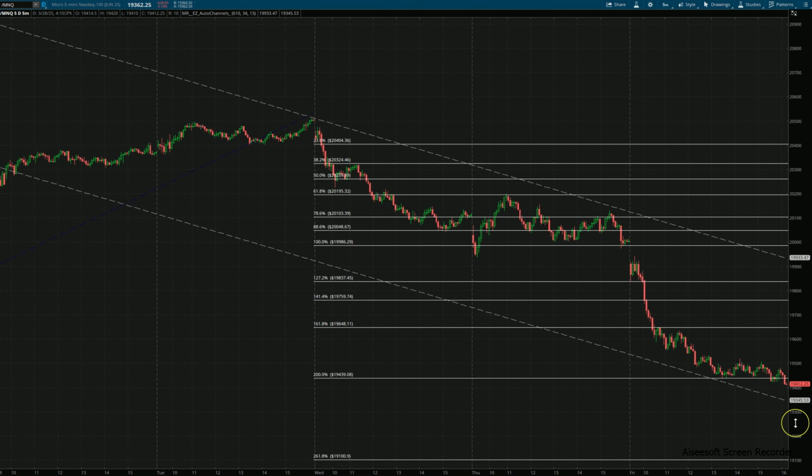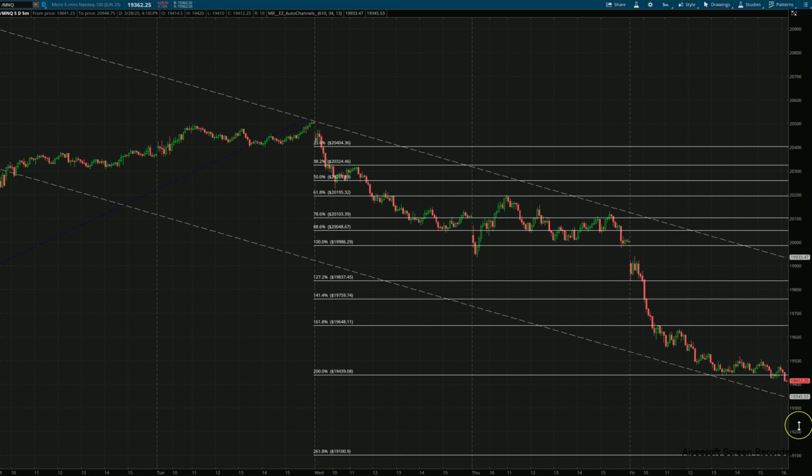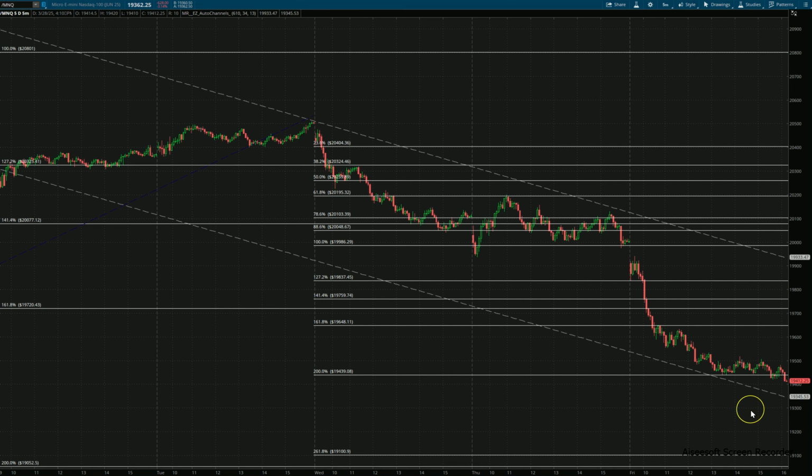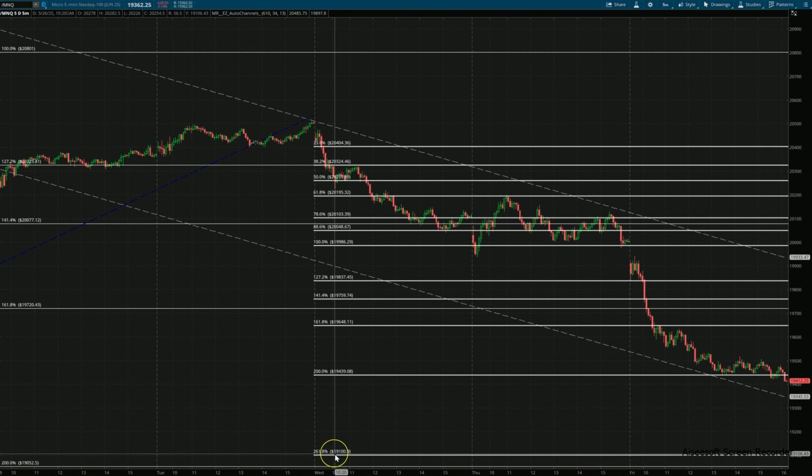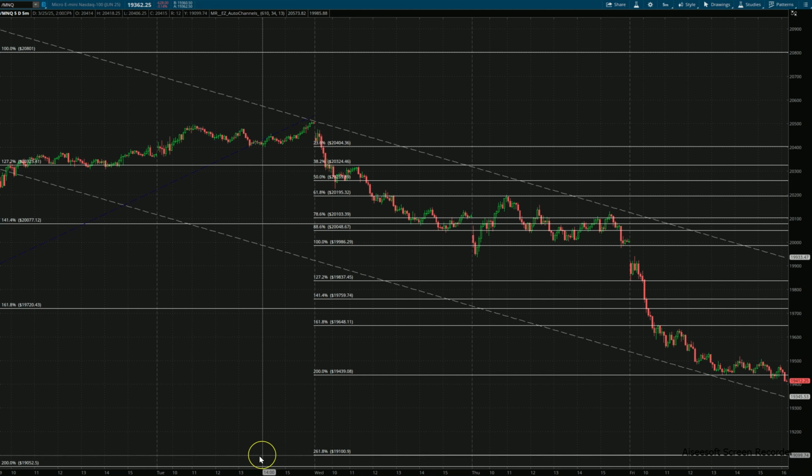So let's take a look, see if I can pull up the dailies. There we go. Okay. Got a lot of lines going on here. But you know what? It's a beautiful thing. It's support and resistance. And what do we got? We got the 19,100 at 261.8.